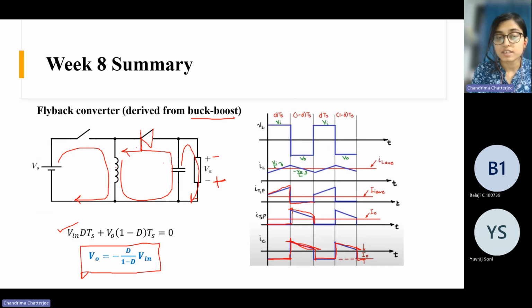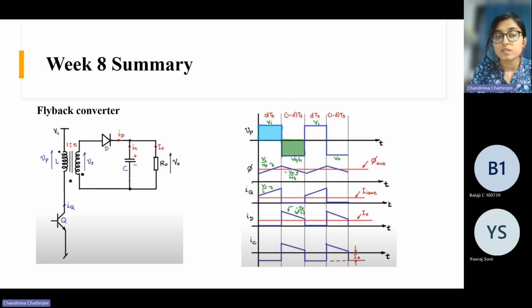Basically, if you just think of this inductor, and you use a core here and provide another winding like this, that's how we get to the flyback converter. But it acts just like an inductor. So during some time it stores energy, and in the next interval it dissipates the energy.